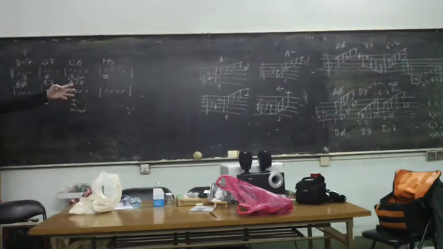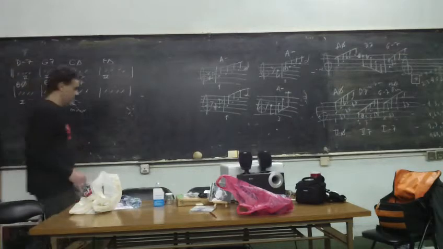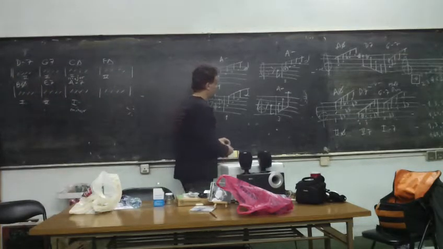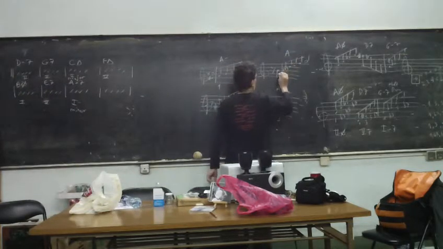Sometimes in this case the chromatic note doesn't look chromatic, like the B going to C. But if it was A major, I had to put C natural going to C sharp. Okay? It's the same. Let's put A major here.